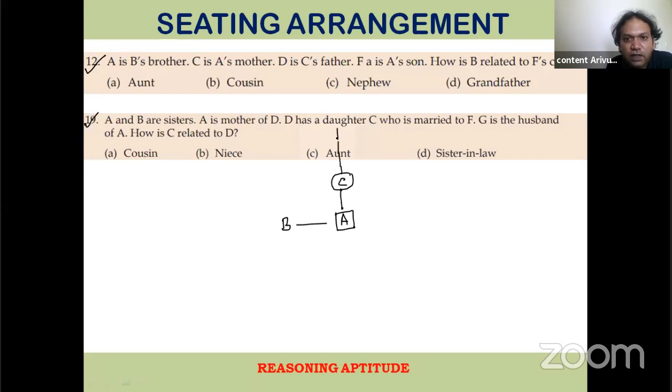D is the father of C. F is A's son. So A has a son, F. How is B related to F's child? F's child. Now, if F is a child, how will B be related to them? The answer has to be grandfather, right?